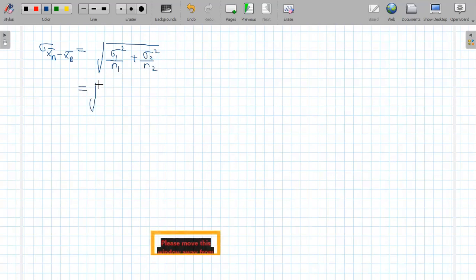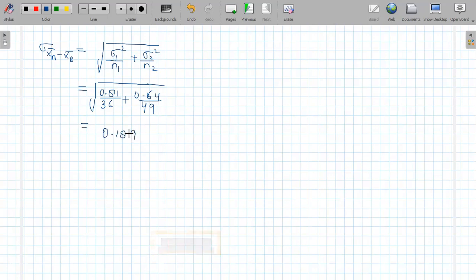This is equal to the square root of 0.81 divided by 36 plus 0.64 divided by 49. This is equal to 0.189 after solving.